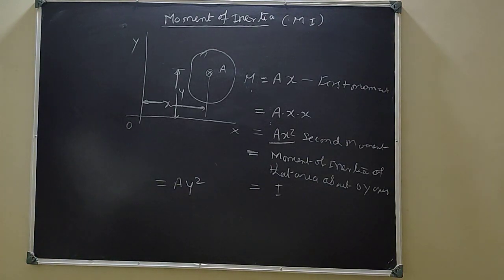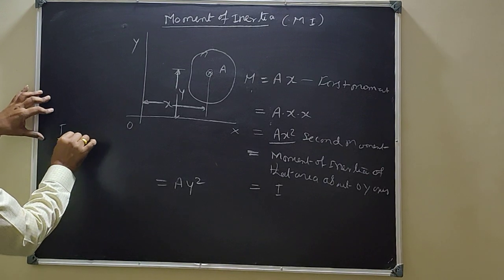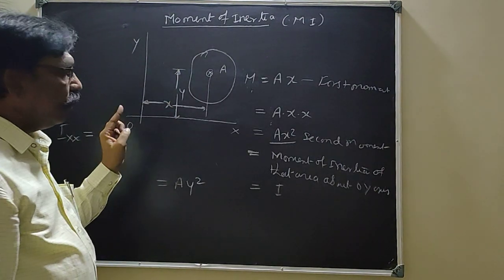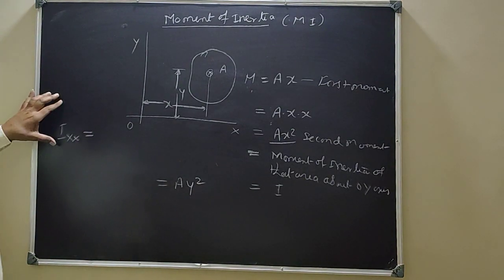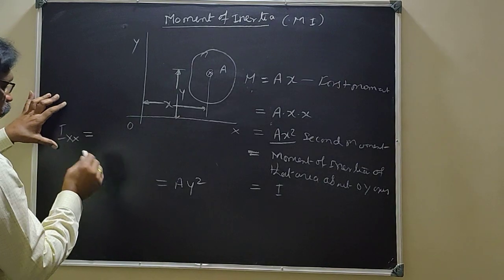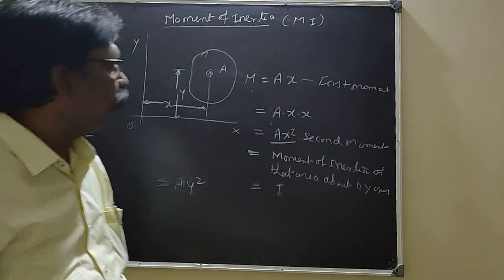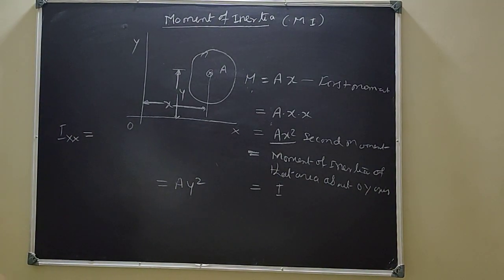Now here, Ixx is the moment of inertia of this area about the centroidal axis xx of this area. So Ixx represents the moment of inertia of this area about the centroidal axis passing through the center of gravity.